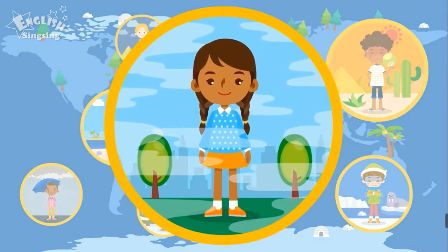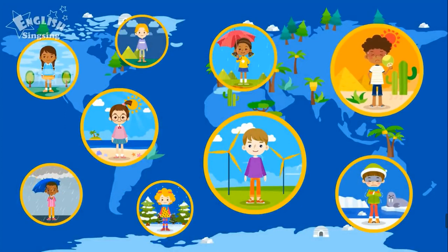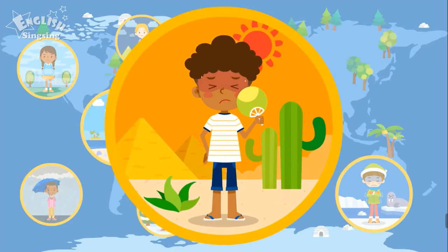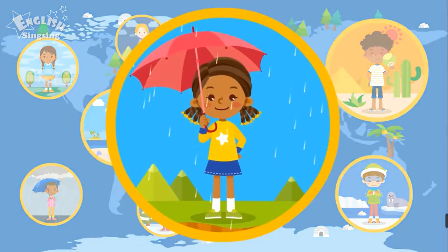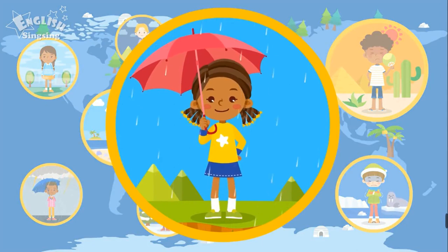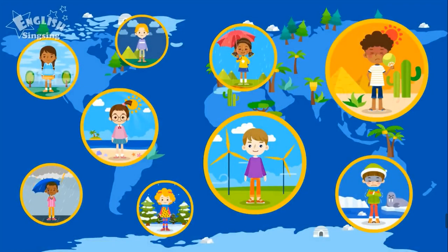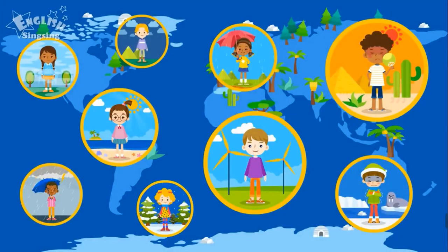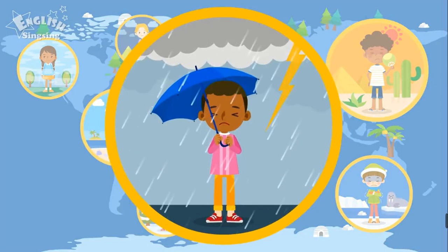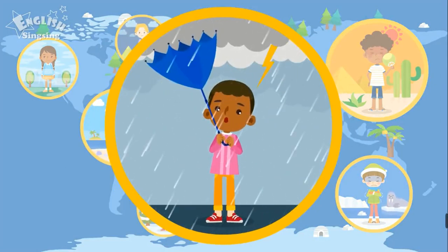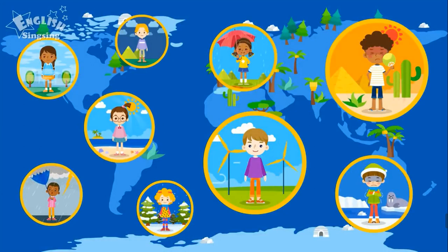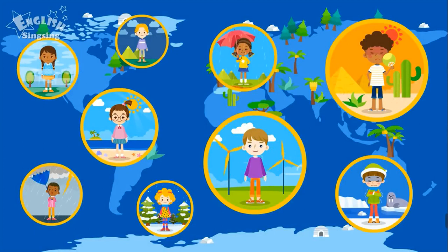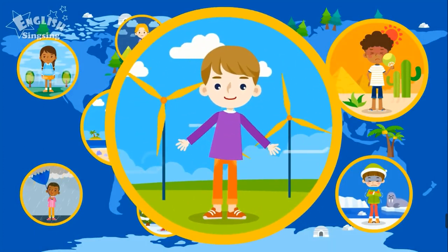It's foggy. It's hot. It's raining. It's snowing. It's stormy. It's sunny. It's windy.